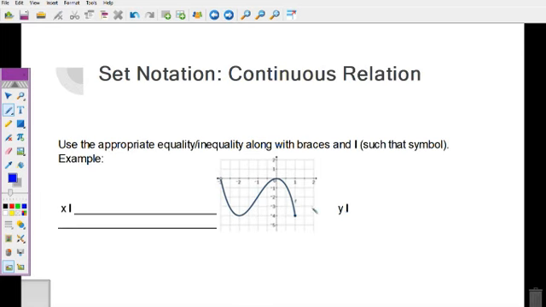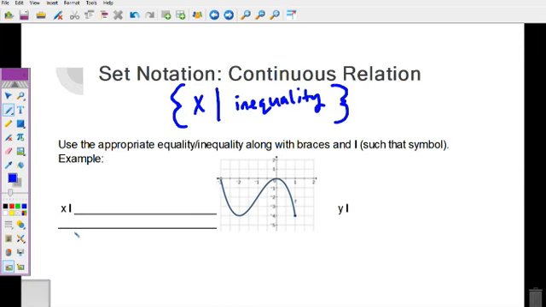Also with set notation, when you have a continuous relation, you are using a pattern. So you're using a combination of x such that, and then your inequality. And again, it's within braces.